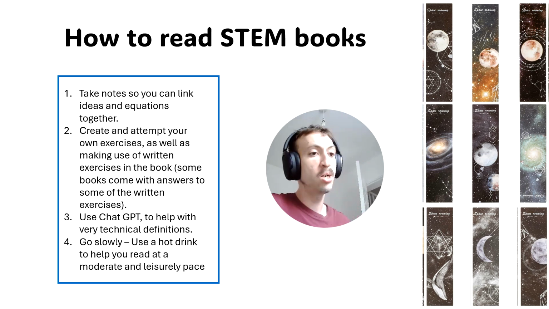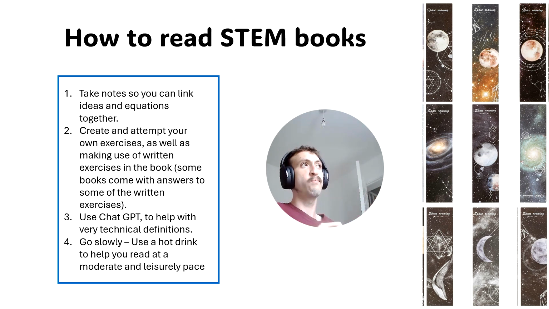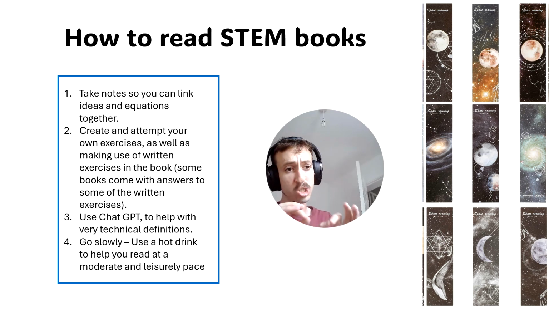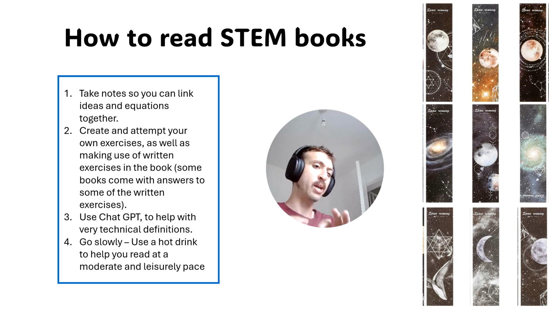Another thing is, if you get stuck with a really technical definition, I would generally not recommend this kind of thing, but for a really technical definition, ChatGPT is awesome, because ChatGPT is essentially a very sophisticated dictionary, but it's actually a dictionary that, thanks to the wealth of resources it has, is kind of an encyclopedia in some ways. It can describe a really technical thing in really good language.